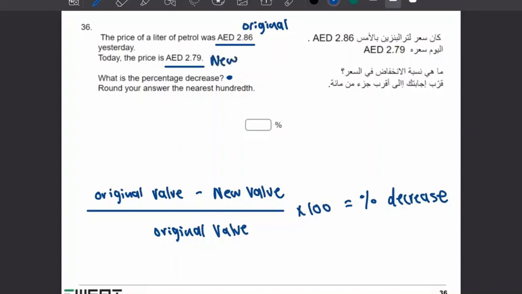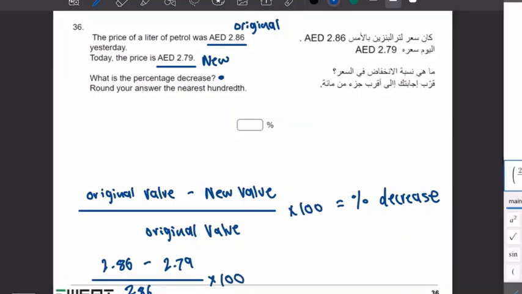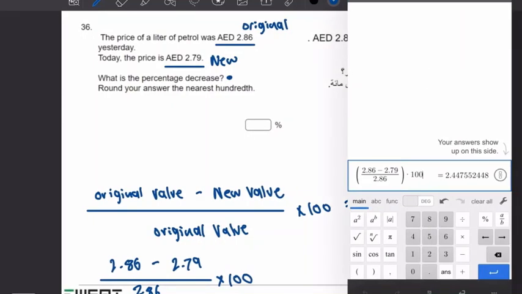And then we can input that into the equation we have below for the percentage decrease, which we can write like this. So 2.86 minus 2.79 divided by 2.86 and then multiplied by 100.